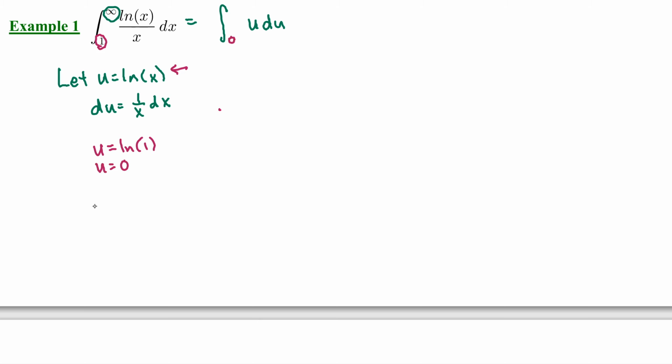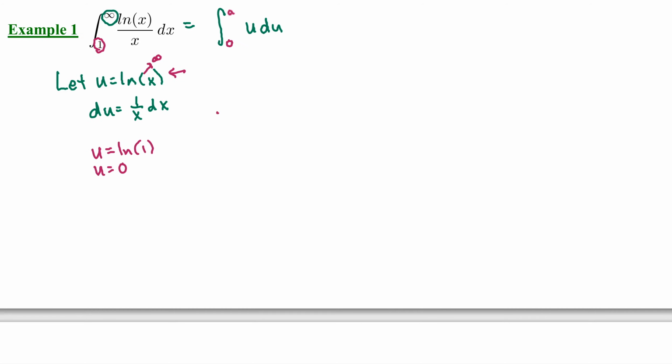Now, if x goes to infinity, natural log of an infinitely large number is also infinitely large. So the upper limit will stay as infinity. But we do need to rewrite this with proper notation. So we will introduce a limit operator.